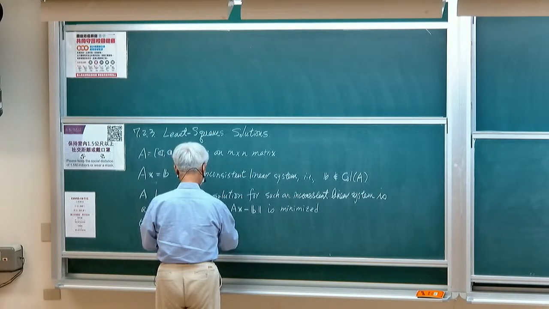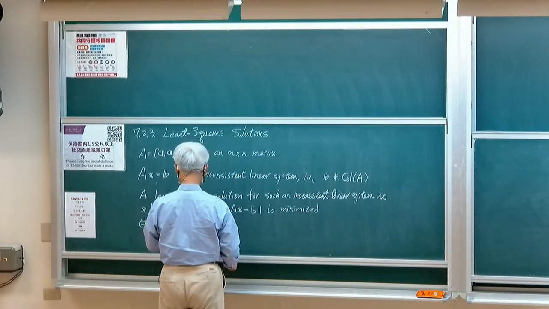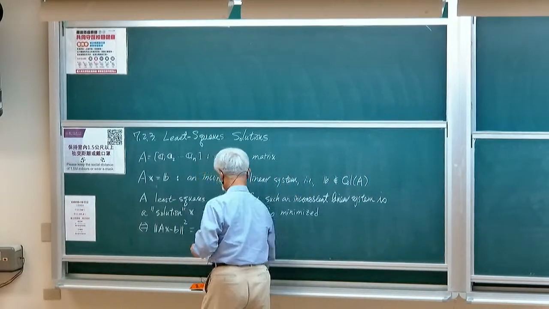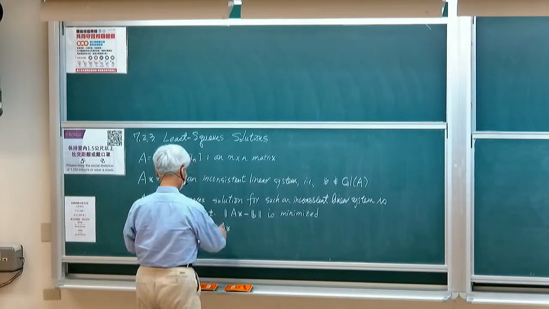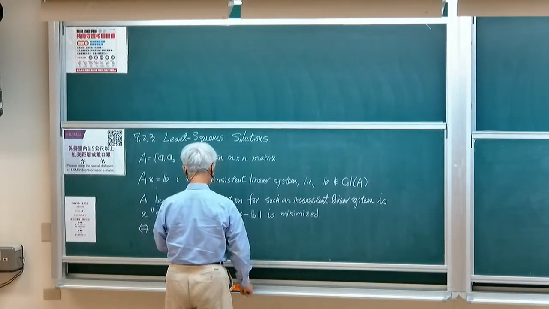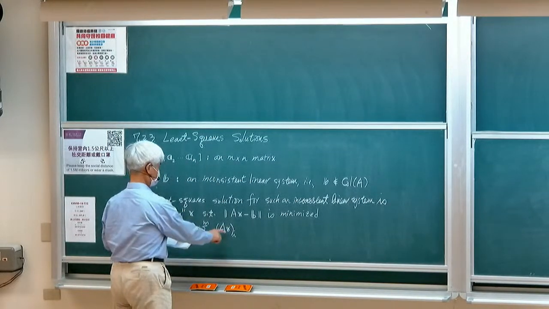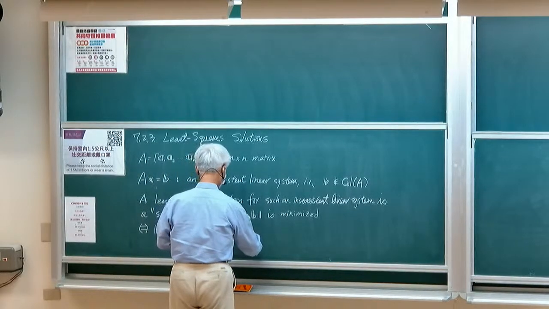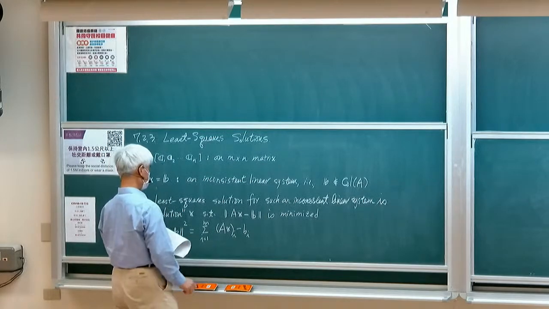the ith component of this vector A times X minus the ith component of B vector.